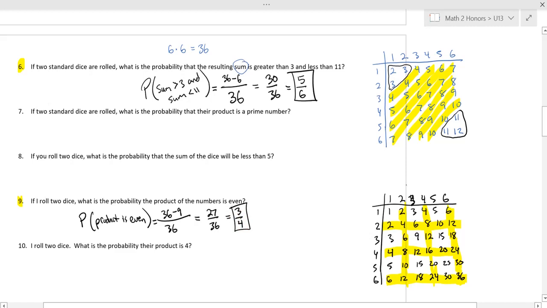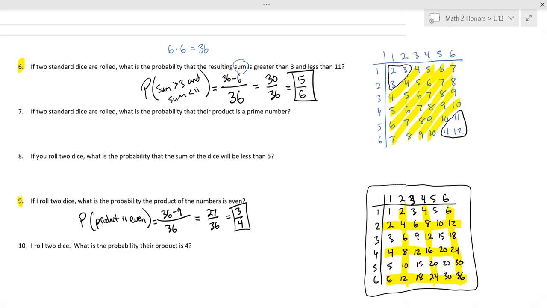Now say you didn't want to draw that table. Is there another way to go about this? And the answer is yes. So here's one way. Because there's less of them, how many different ways can we get an odd number?